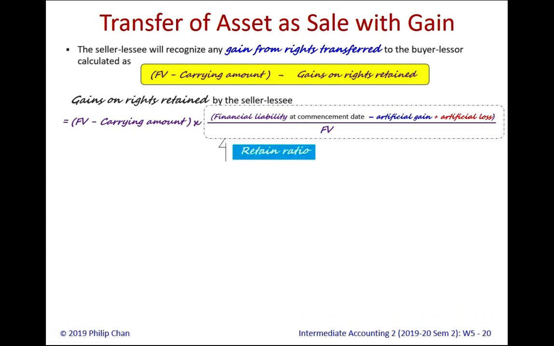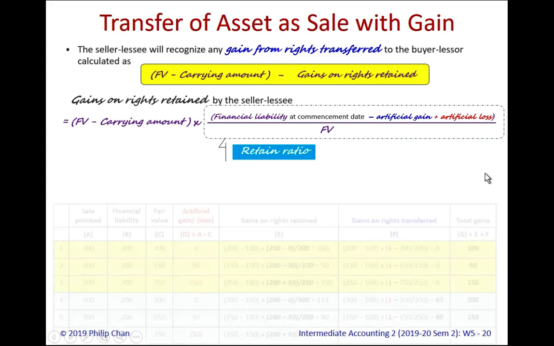Indeed, that's the retain ratio. So if you want to work out the gains on the rights transfer, that's the formula: fair value minus the book value, which gives you the total gain, multiplied by the retain ratio. Once you have this number, gains on rights retained, you then subtract it from the total gain.